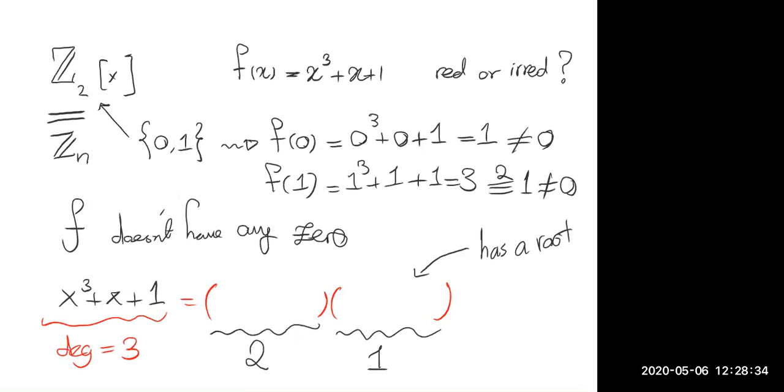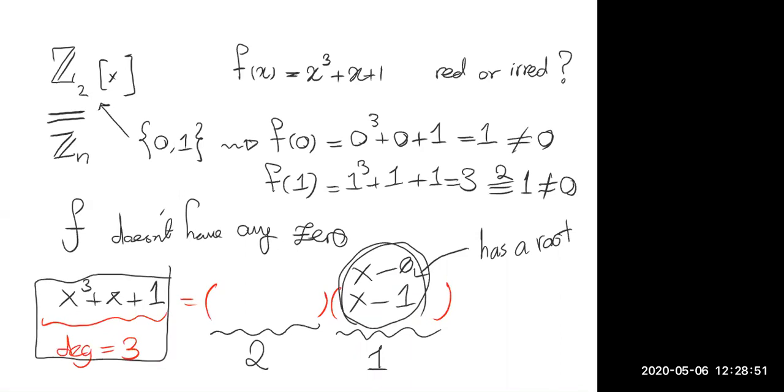So for example, degree 1 should be something like x minus 1 or x minus 0, which is just x, right? Then 0 and 1 would be the roots here, so it should have some 0. But because f doesn't have any 0, it means this polynomial here is irreducible.